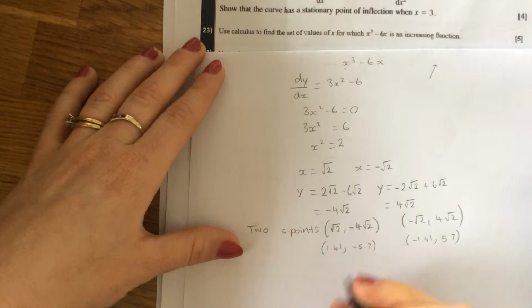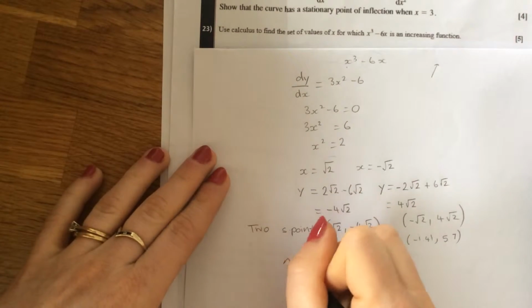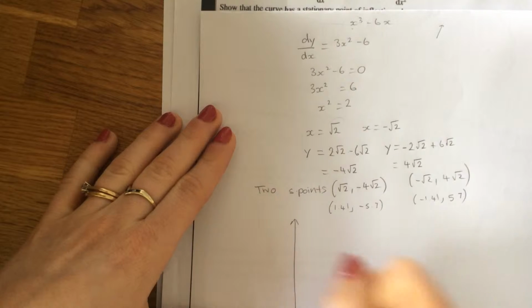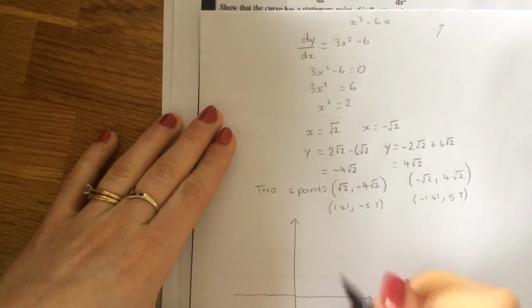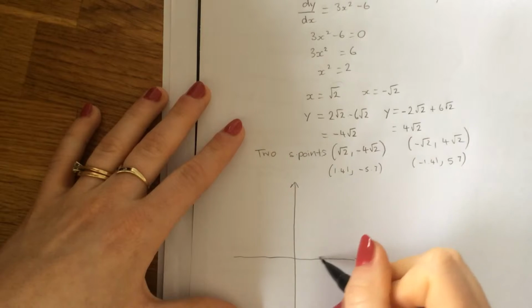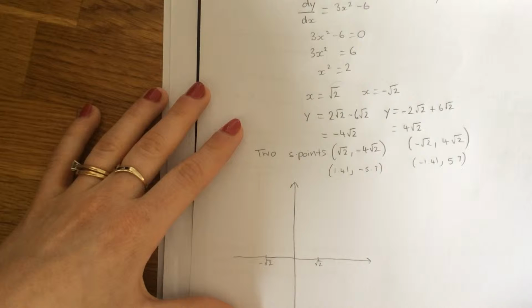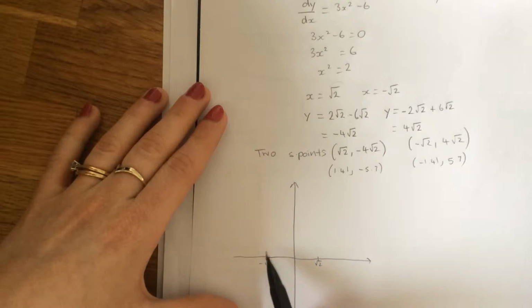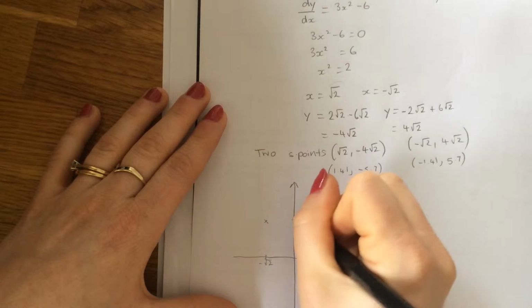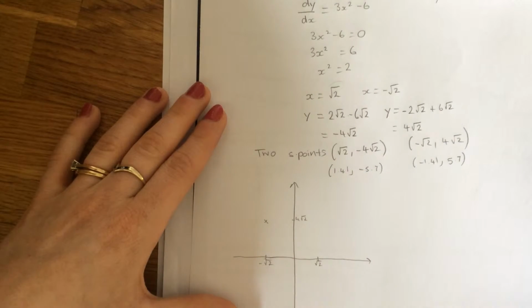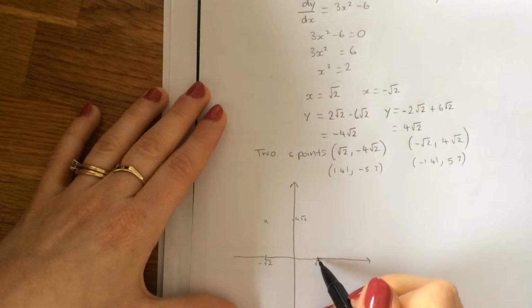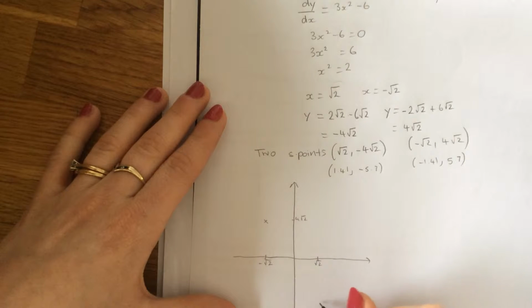Okay, so if we imagine now an axis, or draw an axis, say, we know that our two stationary points are going to be at root 2, minus root 2, one at minus root 2, 4 root 2, so that's about 5.7, and then one over here at minus that value, minus 5.7 or minus 4 root 2.